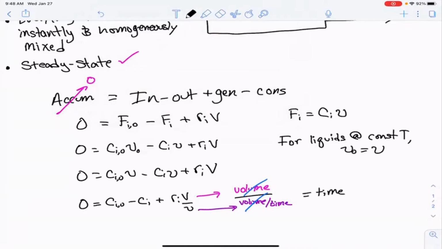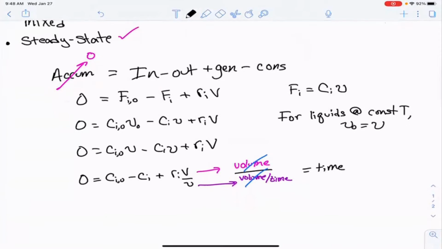And we don't necessarily think about what's happening in the reactor with regards to the changes with time because it's operating at steady state. But you can then think about the average time that a species spends in the reactor. And we call that the residence time. So we actually define this thing tau, which is the residence time, as the volume over the volumetric flow rate.